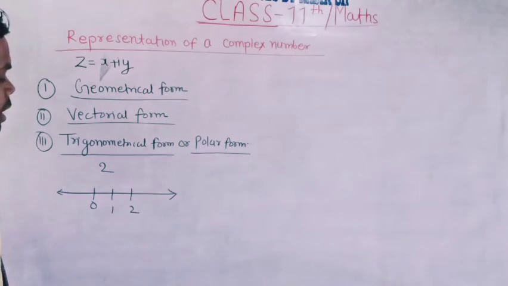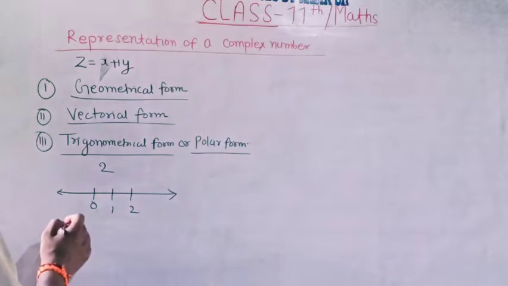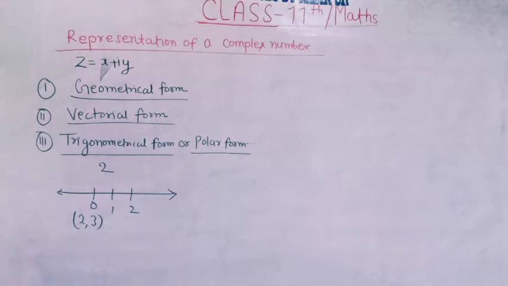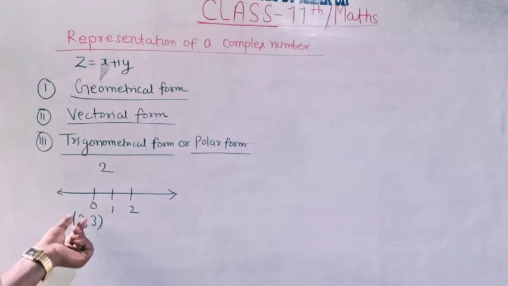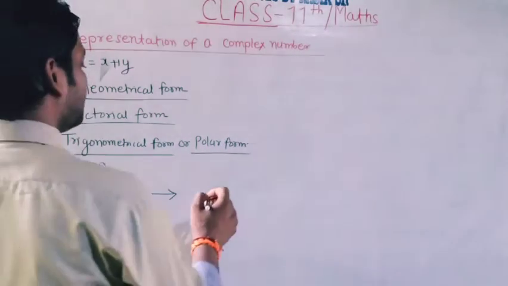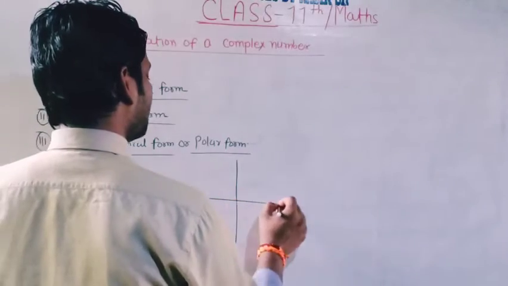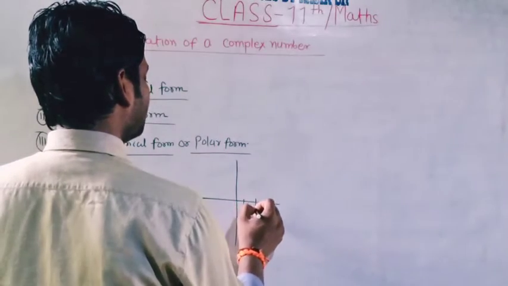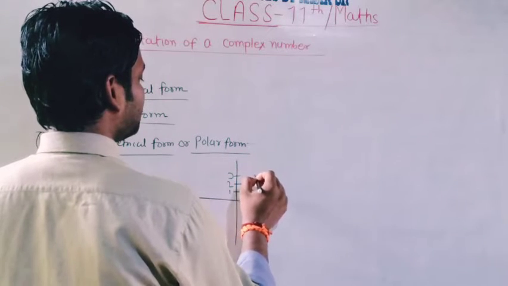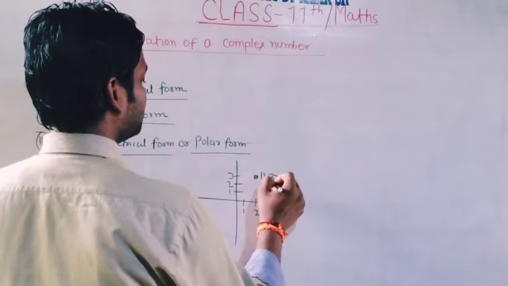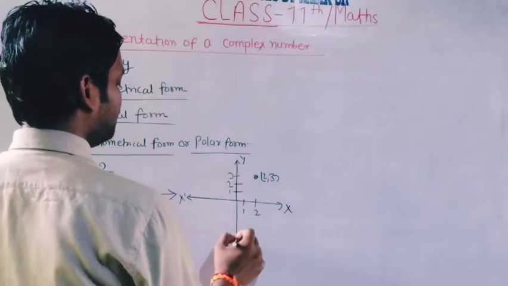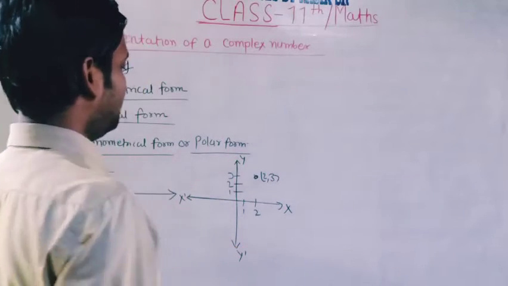Similarly, an ordered pair such as (2, 3) is represented in the Cartesian plane, with x dash, y and y dash.